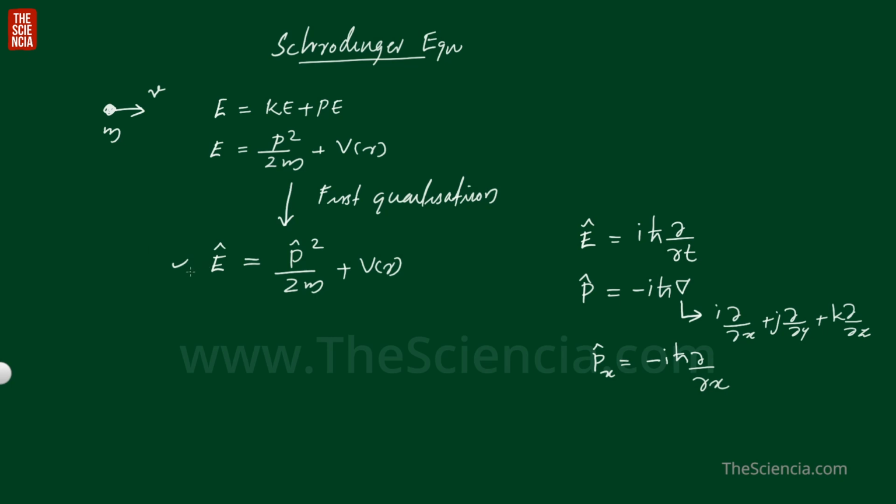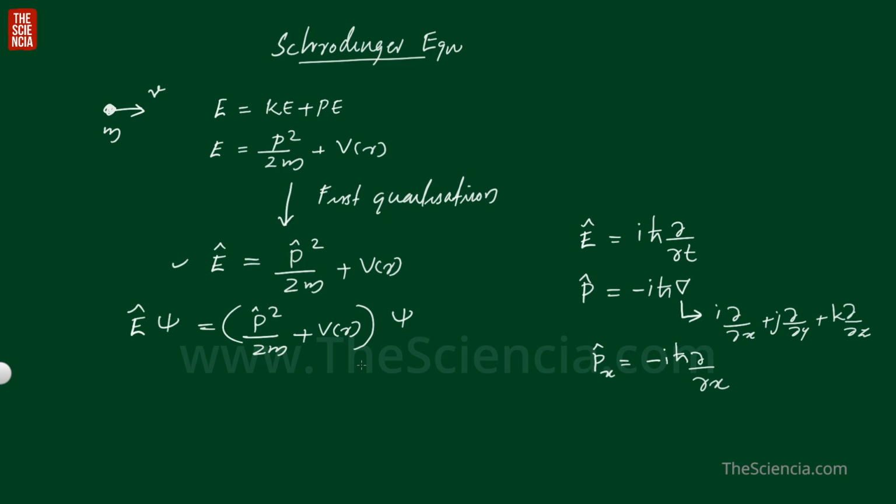So these operators should operate on something, right? Here they operate on a wave function psi, that is, P cap square by 2m plus V of r operating on the wave function psi. This psi represents the state of the particle, so every piece of information about the particle is hidden in the wave function psi.